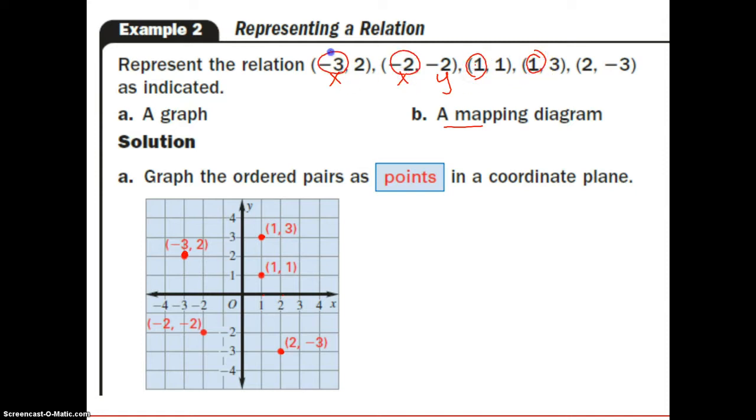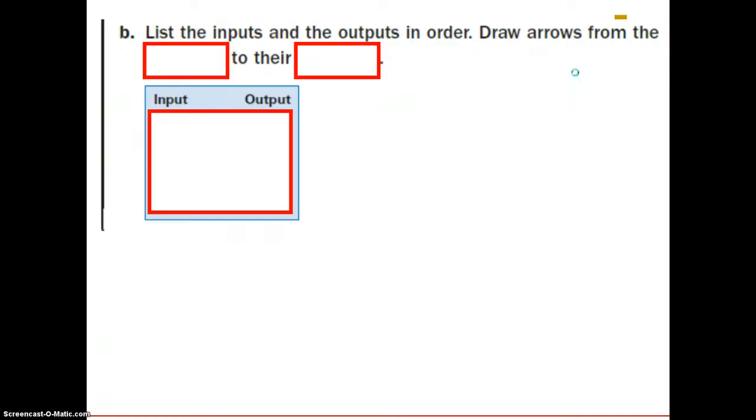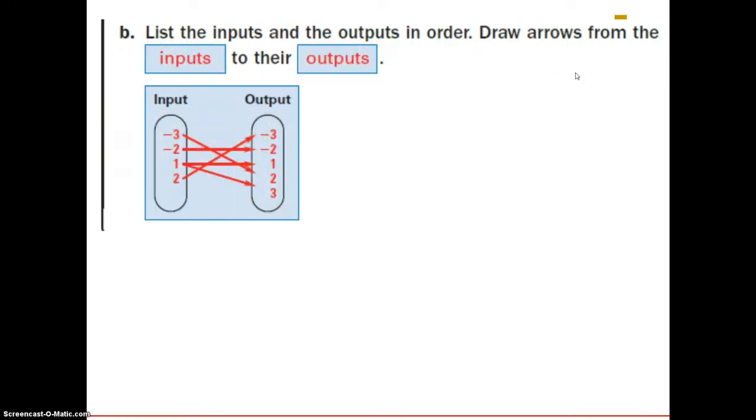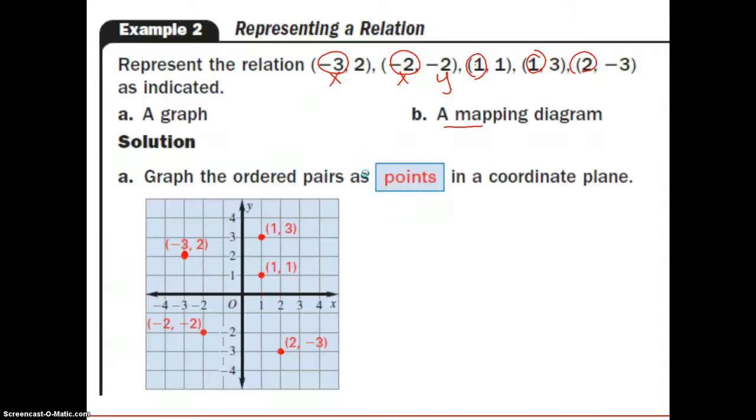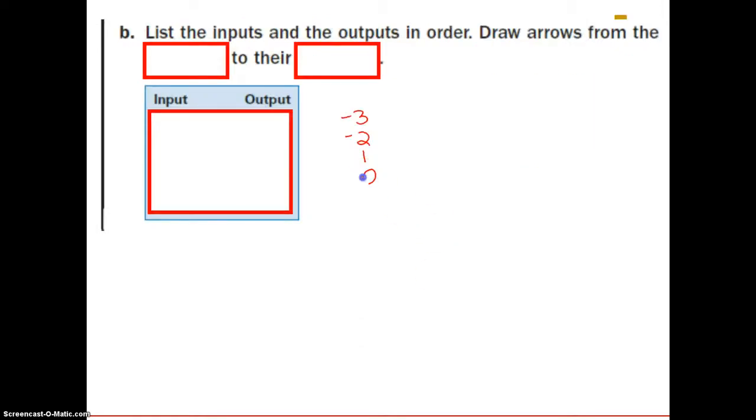I'm just listing the x's. Let me show you over here first. -3, -2, 1, and then I believe it was 2. And I kind of draw this oval to represent the mapping.